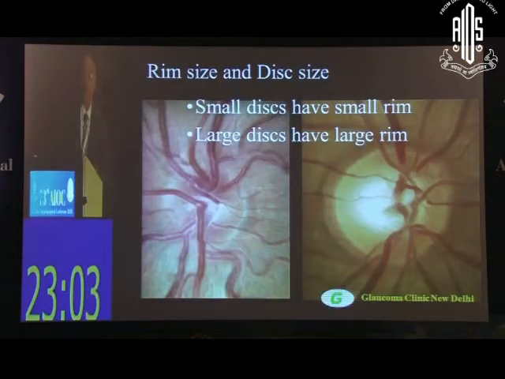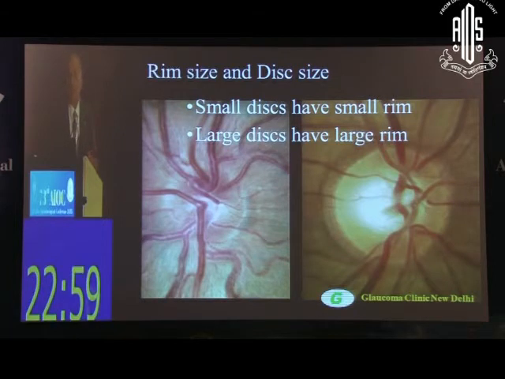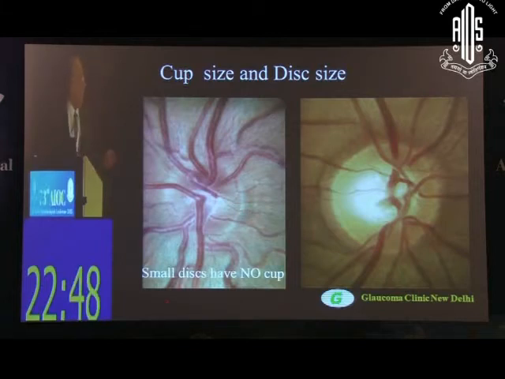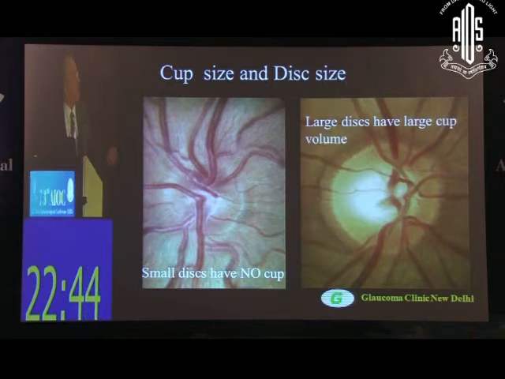So remember again, correlate the size of the optic disc with the size of the neural rim, because small optic discs will have small neural rims and large optic discs will have large neural rims. When you see a patient like this, remember that small discs should ideally have no cups, just as large optic discs will have large cups.